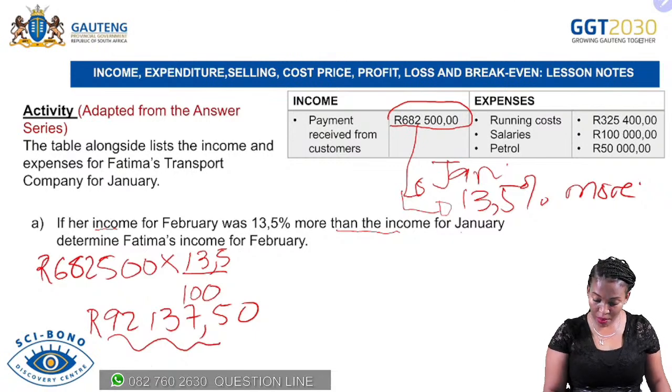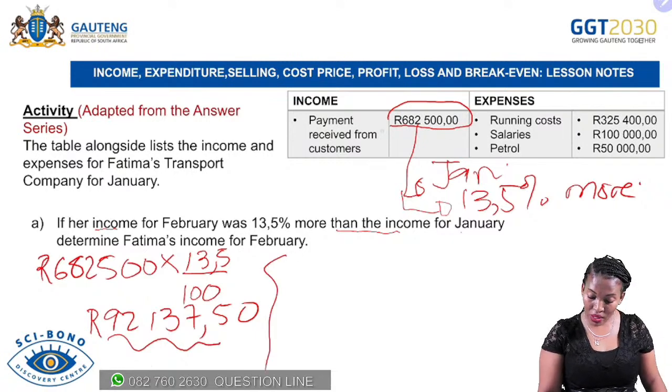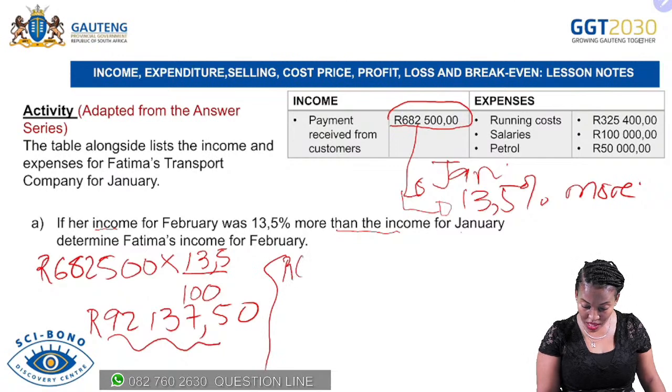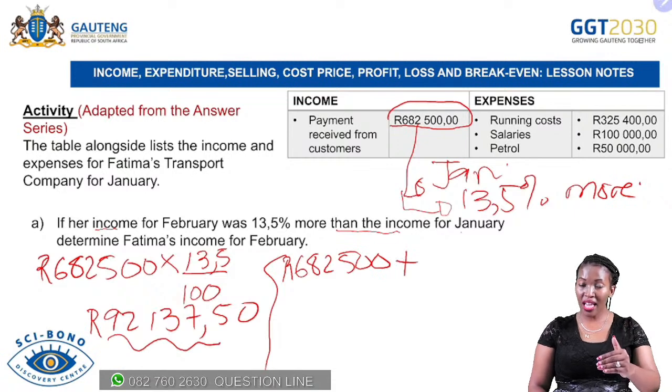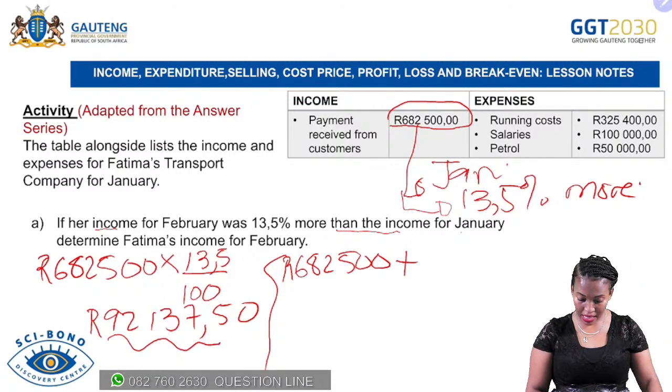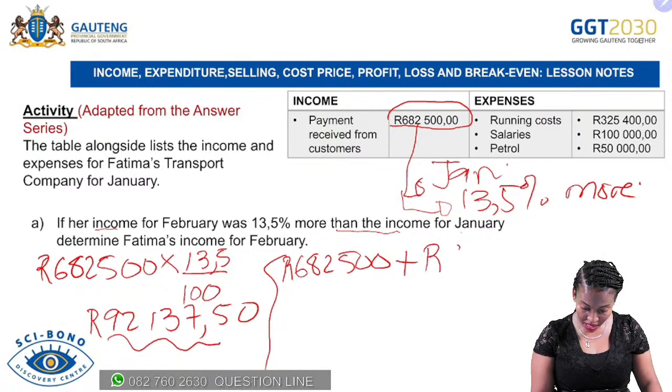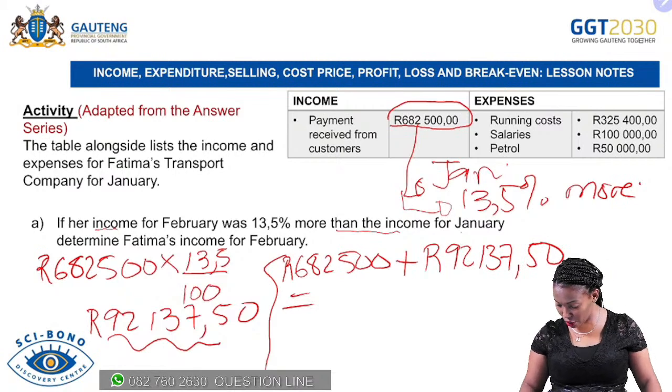So how do we determine the new income for February? We take the old income, which is 682,500, plus the increase, because we are increasing. That's why we are saying plus. What is the increase now? It is 92,137 and 50 cents. I'm going to use my calculator. I'm expecting all of us to also use our calculators.